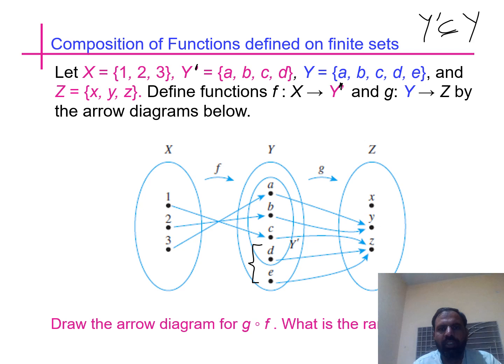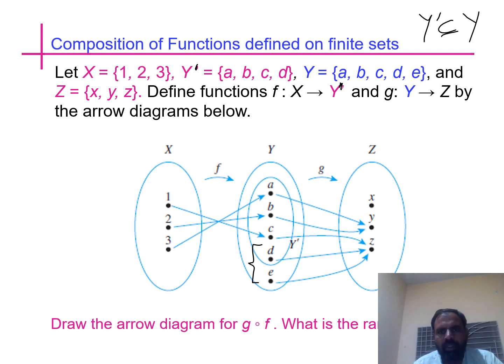We define a function f from X to Y prime and g from Y to Z. Then by the arrow diagrams we show that f from X to Y prime maps 1 to c, 2 to b, and 3 to a, and this is d.